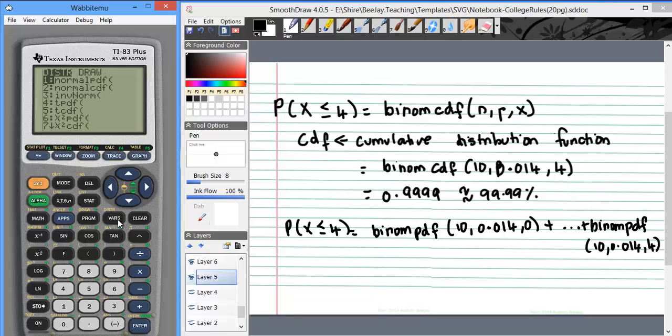Second bars, binom PDF 10, 0.014, 1 this time, because I'm starting at 0 and I'm adding everything up to 4, plus the next term. Repeat the process again.